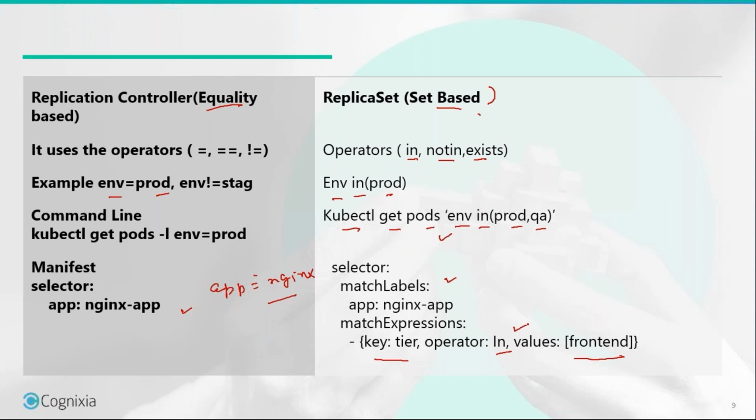We are using this kind of matchExpressions here. All right, so this is how the replica set and replication controller work. Sorry, I need to take my words back here. This is how you compare replica set and replication controller. This is what I want to show you here.